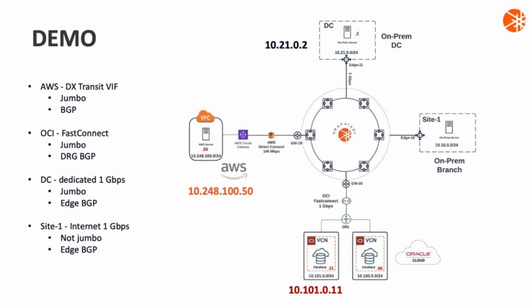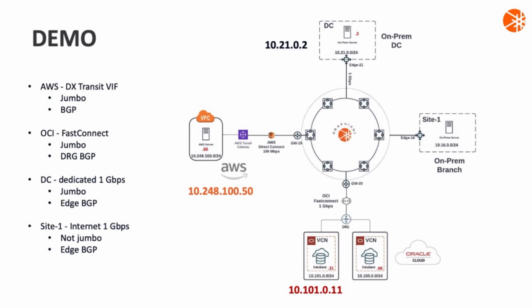So you can see in the lab, we have an on-prem data center, we have a branch, we have the AWS connection, and this is a Direct Connect connection, right? And this is offered as a service to a customer. We have the OCI connection using Fast Connect. So Oracle FastConnect is connected to us in region, and that's also offered as a service to our customers. In AWS, we have routing components. The routing component in AWS is TGW.